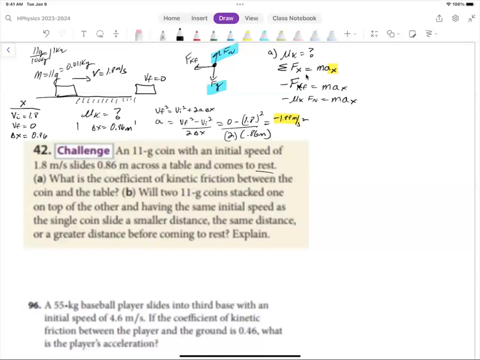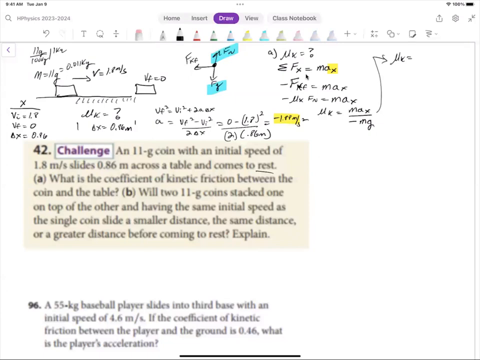We're going to divide by negative force normal. So mu sub k is equal to m times acceleration over negative force normal, which is again equal to mg. Now I'll plug in numbers.